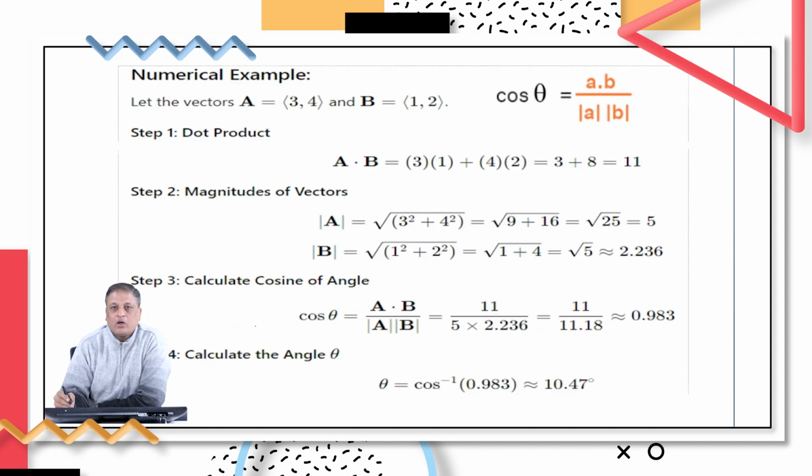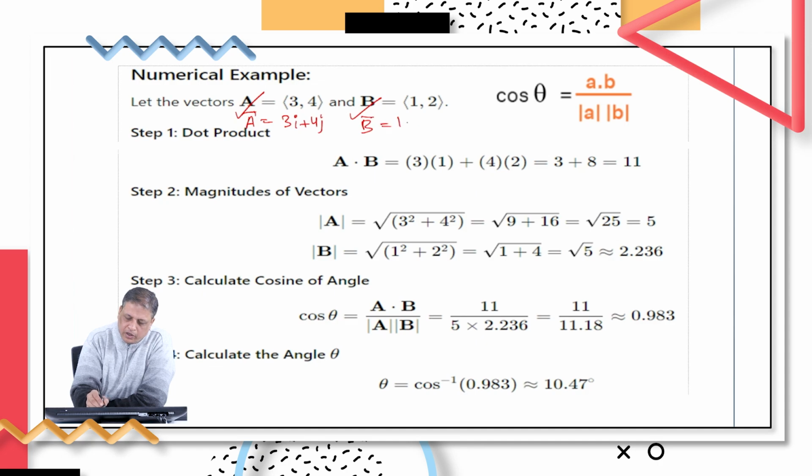So now let's solve one numerical. We are given two vectors A and B. That means vector A in component form is 3i plus 4j, and vector B is expressed as 1i plus 2j.